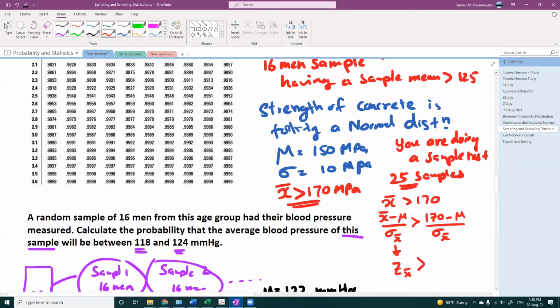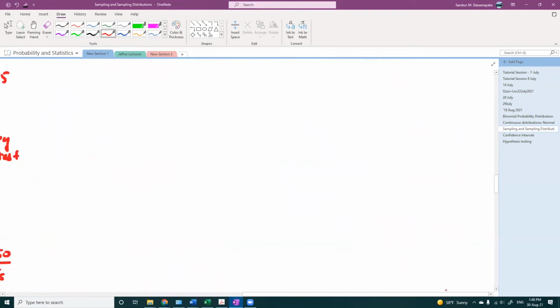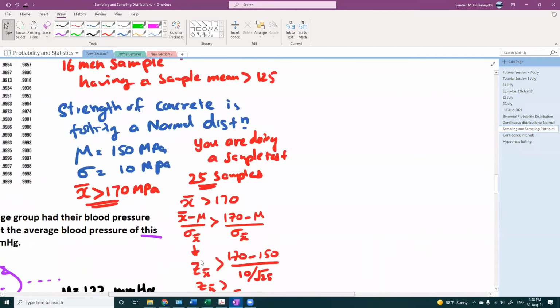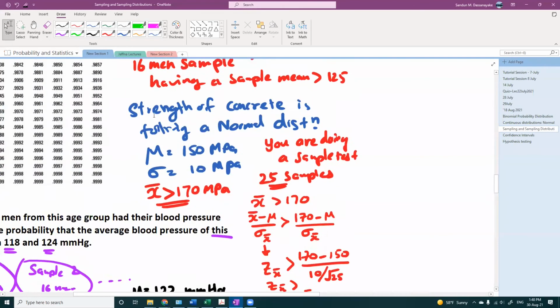The mu is 150 given by the question, and sigma is 10. Sigma x bar is sigma divided by root n, and n is 25 samples. When you include this, you get a z value, and you just need to find the area under the curve for that z value following the same routine.